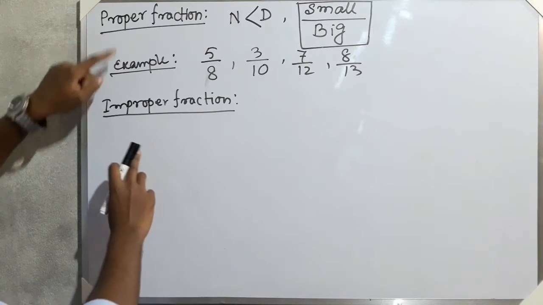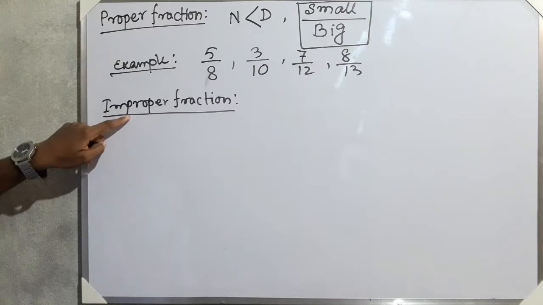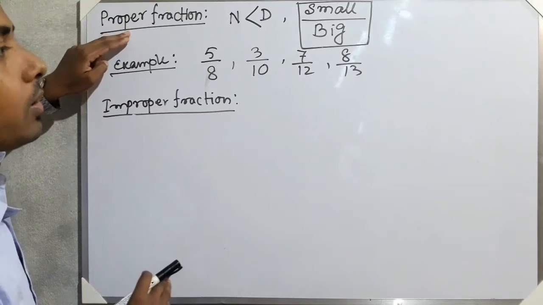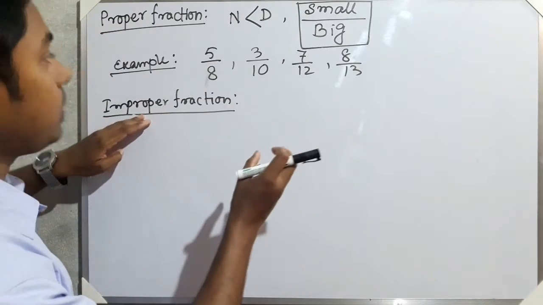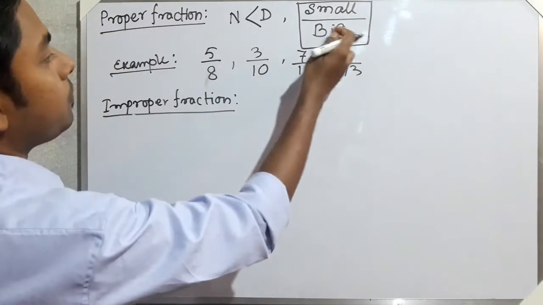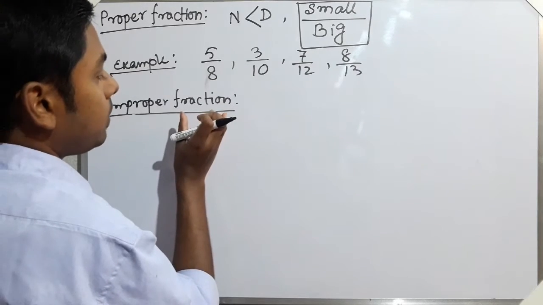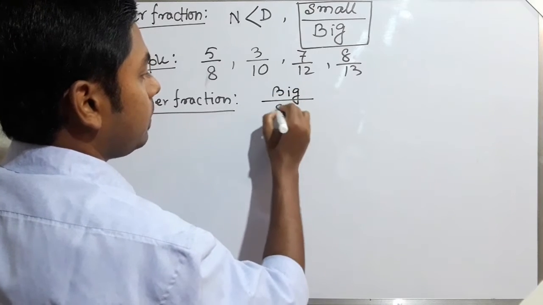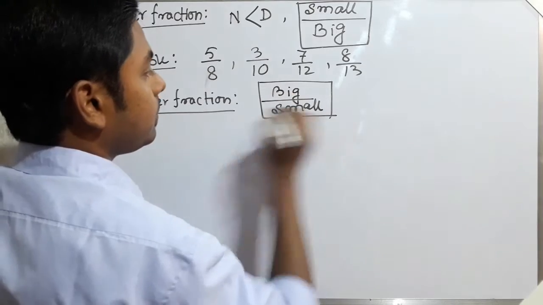The improper fraction will be just the opposite of proper. Here the form of the proper fraction is small by big, so the form of the improper fraction will be big by small, just the opposite of proper fraction.